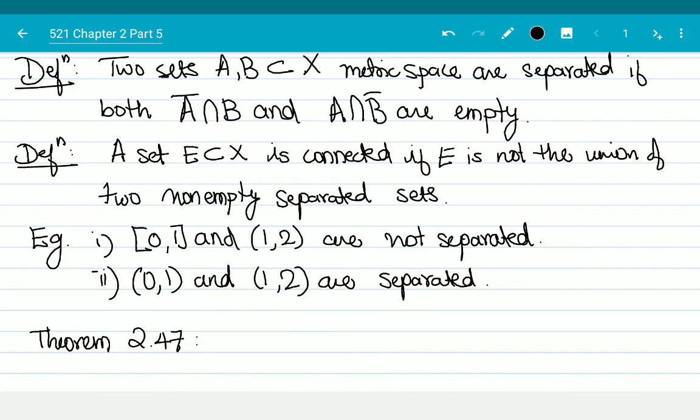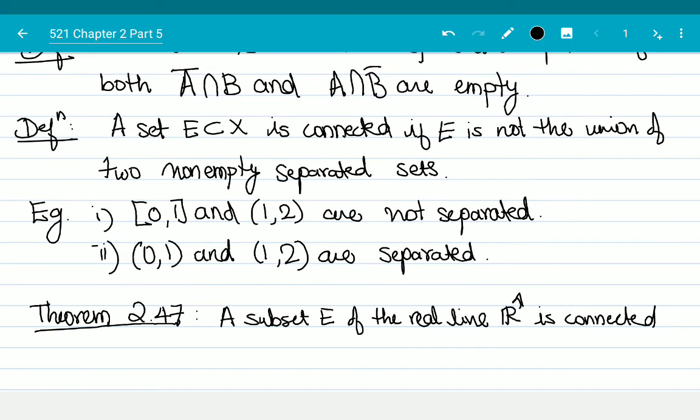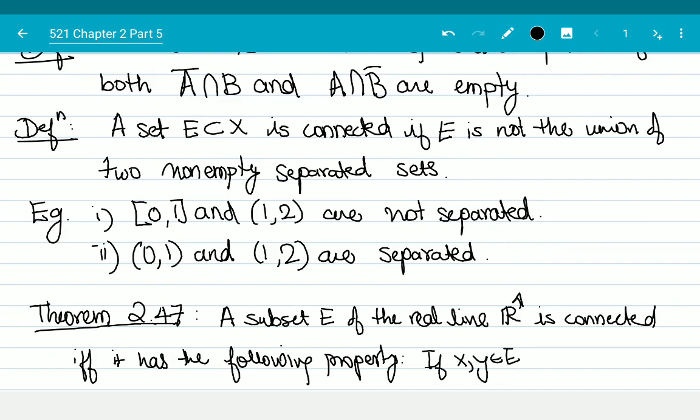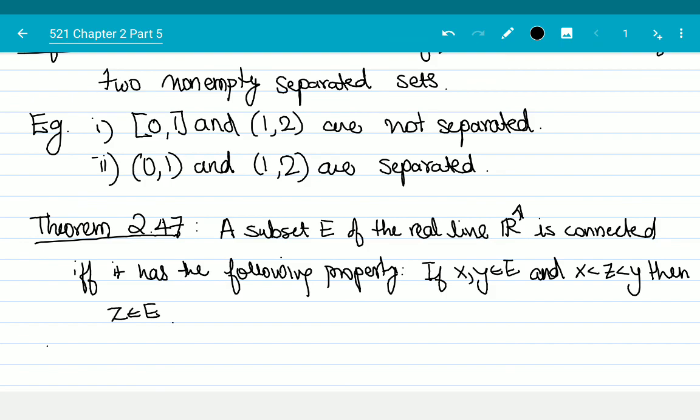A subset E of the real line R1 is connected if and only if it has the following property: if x, y belong to E and x < z < y, then z belongs to E. Proof?